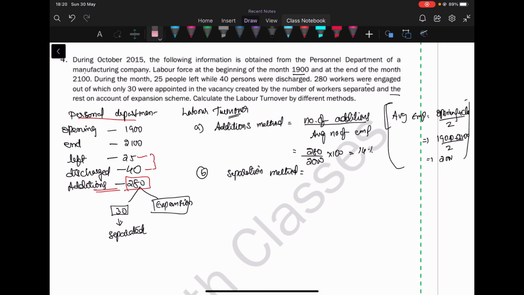The formula is number of separations divided by average number of employees during the period. So 25 plus 40 divided by 2000 into 100 is 3.25%.